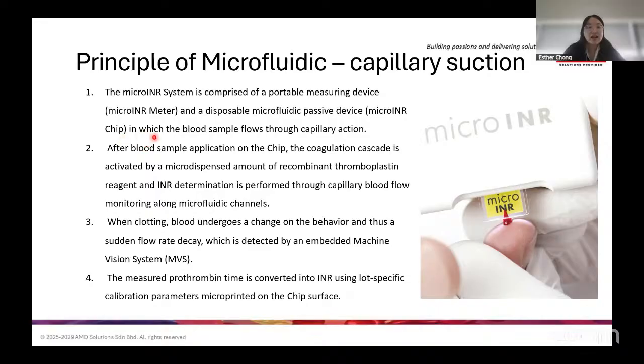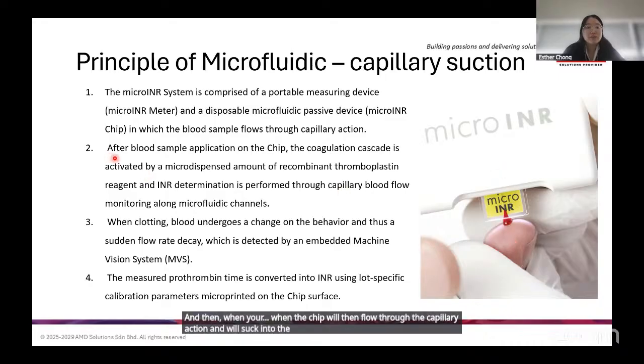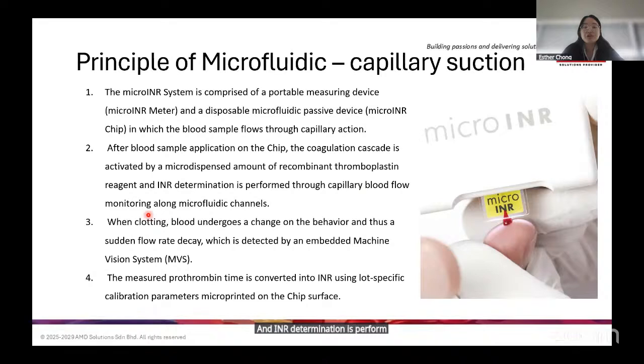And then the blood will flow through the capillary action and will suck into the capillary. So after the blood sample application, the coagulation cascade is activated by a micro dispensed amount of recombinant thromboplastin reagent, and INR determination is performed through capillary blood flow monitoring along microfluidic channel.